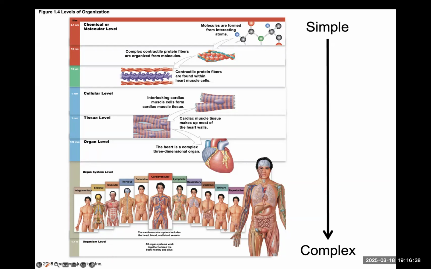But here we are going to basically stay in the realm of cellular to the organ system. So it's going to give you an idea of what you're going to get into if you look at all these different systems, because that's where this course is focused.